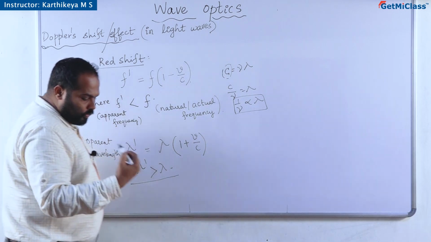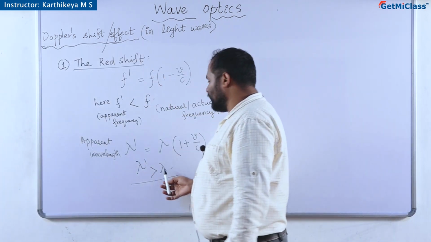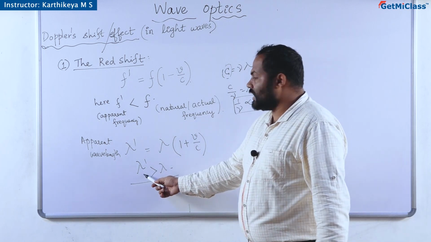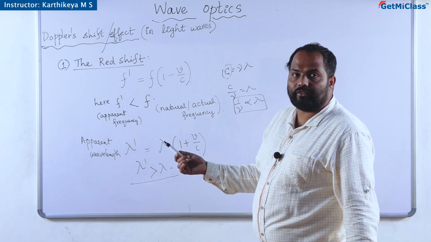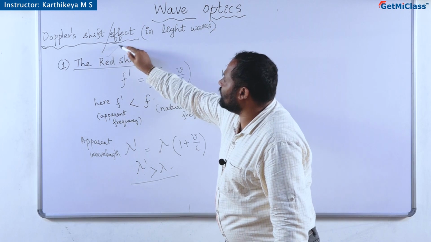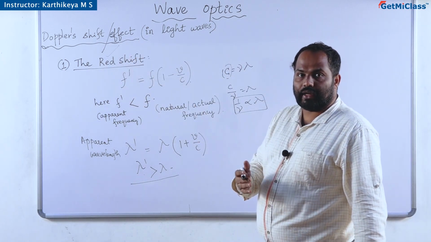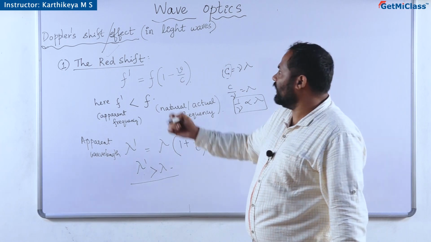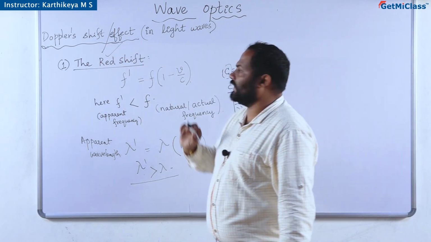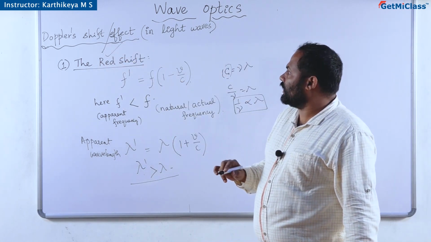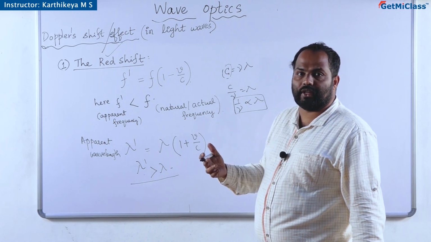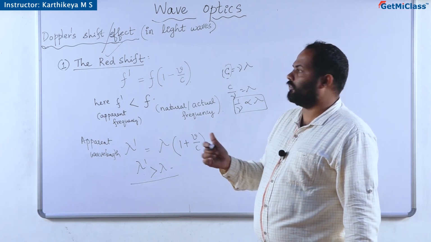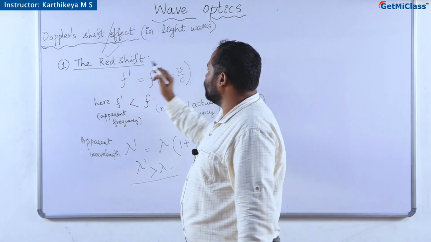That means you are moving towards higher wavelength. What you tend to see as an optical illusion is higher wavelength. Which is the higher wavelength in the visible region? The red light wavelength. That is why the observer is moving towards a higher wavelength, or towards the red wavelength. That apparent shift in the frequency, where there is a decrease in frequency and increase in wavelength, is called red shift.